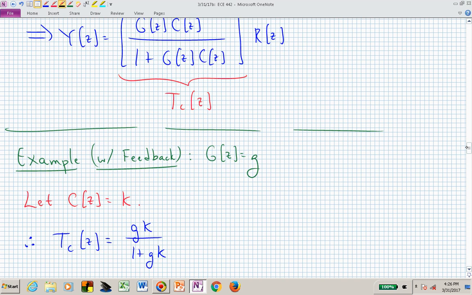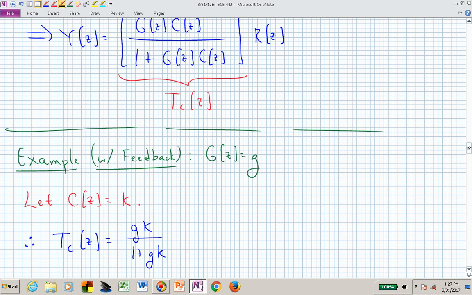In our earlier example, we said, let's just look at the case where our plant is very simple. Let's just say that it's a constant G. Now let's not worry about the controller being the exact inverse of G. Let's just let our controller be K.